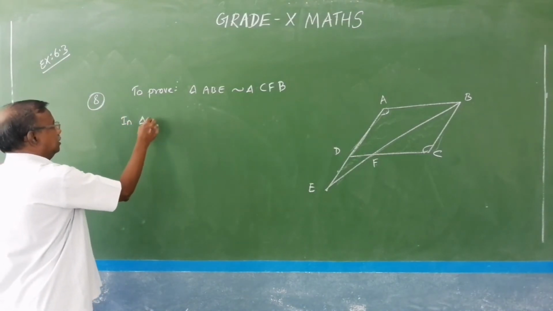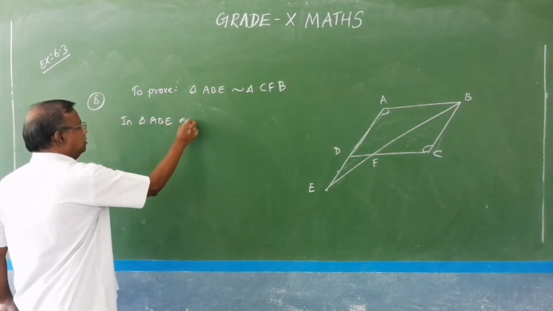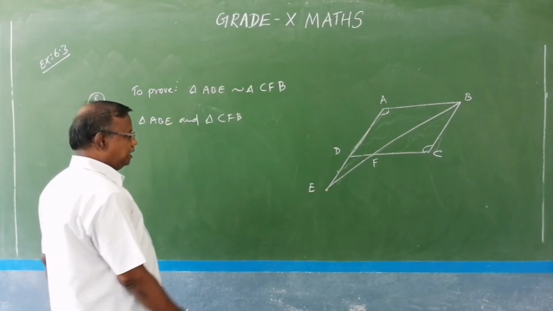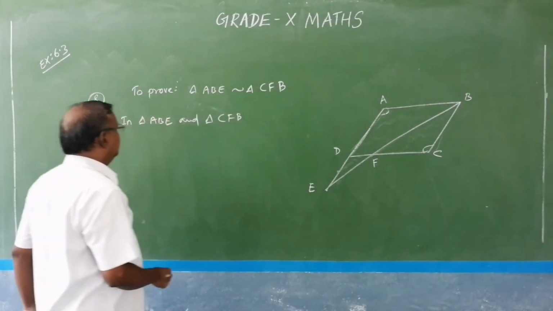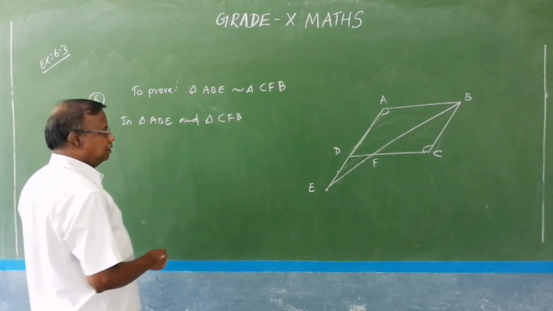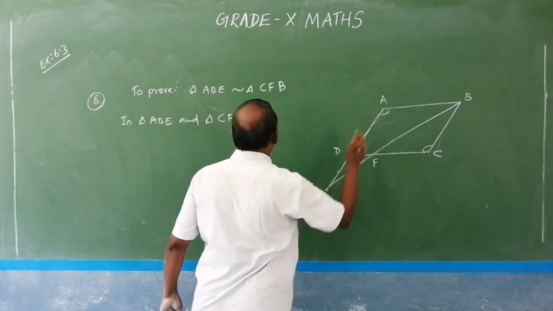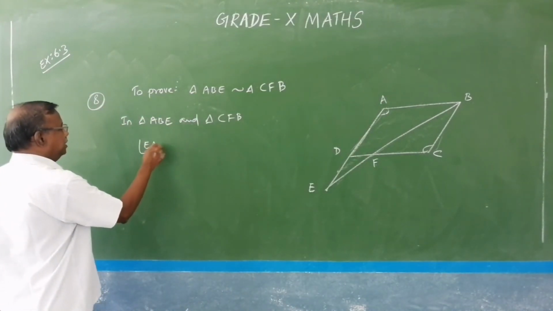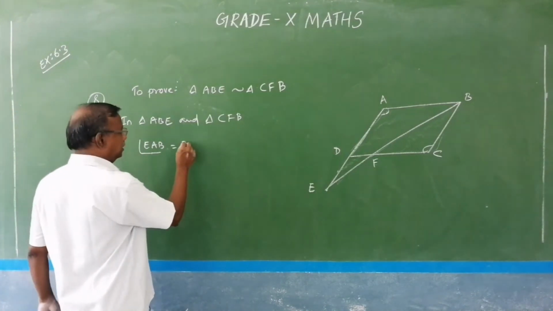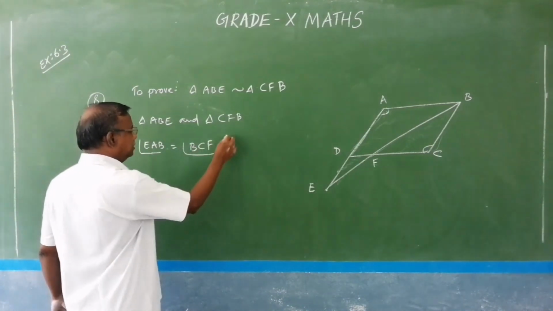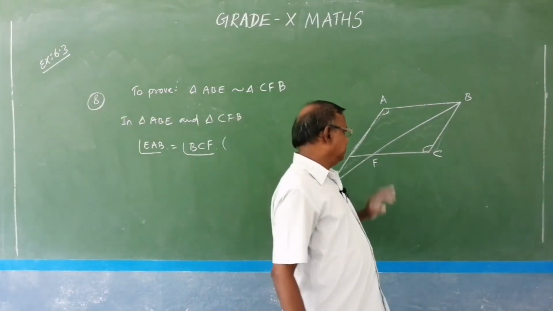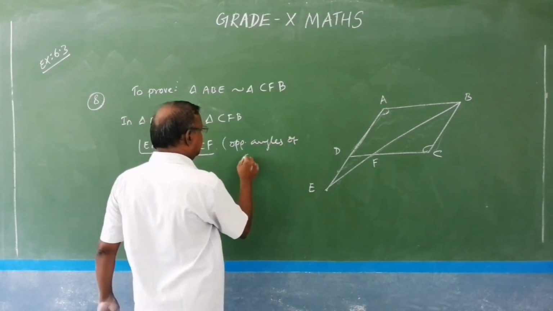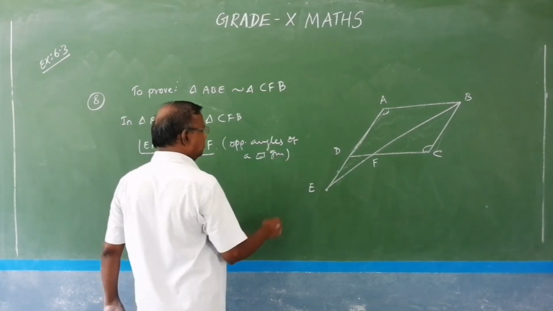In triangles ABE and CFB, angle EAB equal to angle BCF, because opposite angles of a parallelogram.